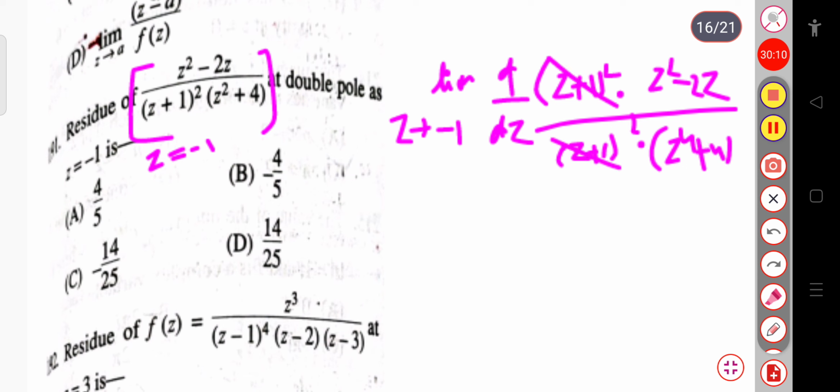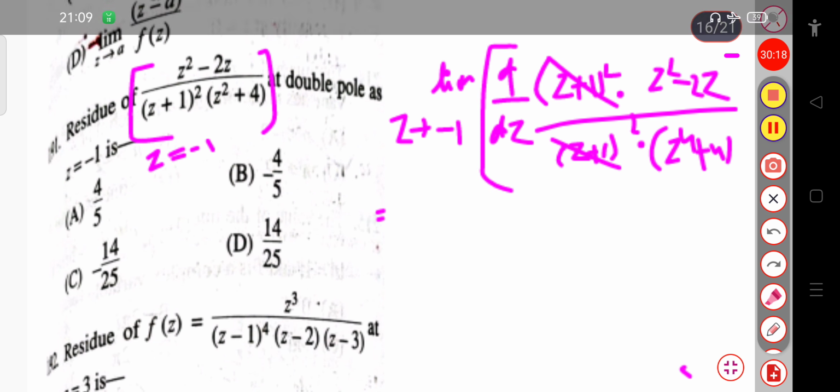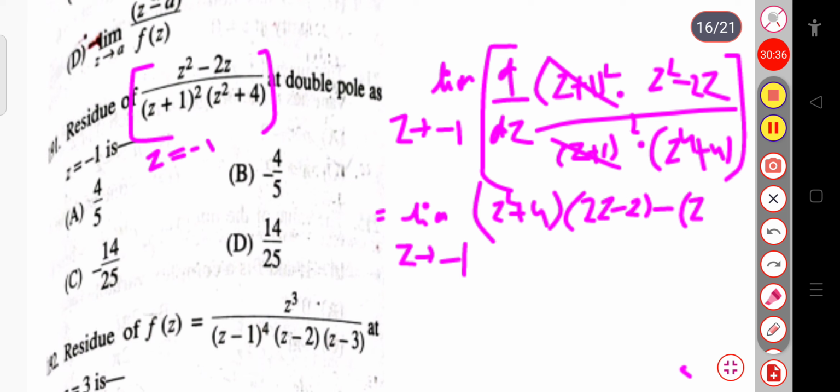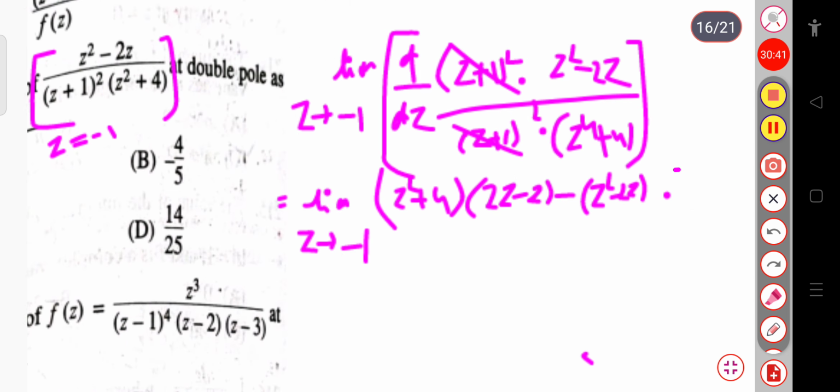Now we take the derivative and the limit: limit z tends to minus 1 of d by dz of the remaining function. This is (z square plus 4) into (2z minus 2), minus (z square minus 2z) into 2z, divided by (z square plus 4) whole square.